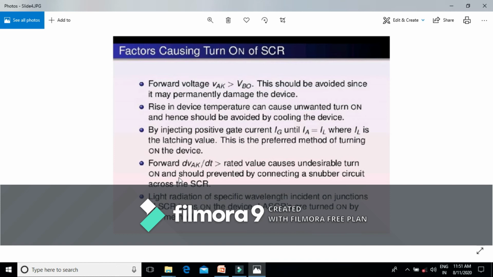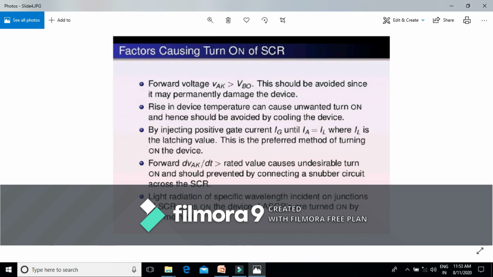Whenever a sudden change in applied voltage occurs, this results in a charging current reaching the P2 layer of the device, and this charging current behaves like a gate current and causes unnecessary turning on of SCR. This method of switching is never used as it is unwanted turning on of SCR, and that's why protection is used against this unwanted turning on, and this protection is done by using the snubber circuit.